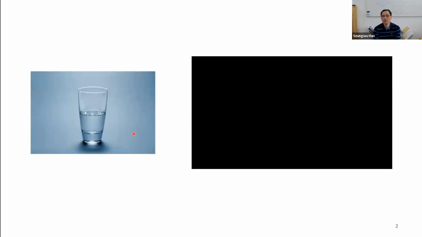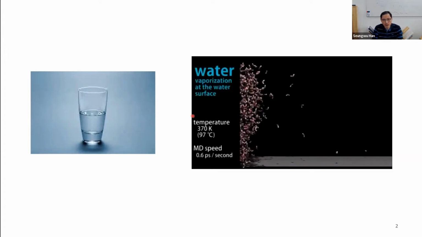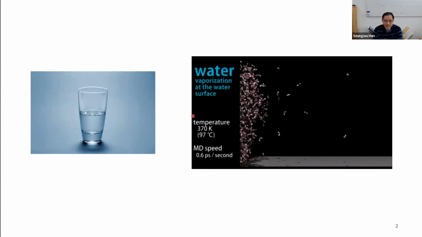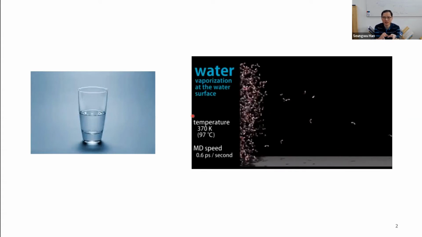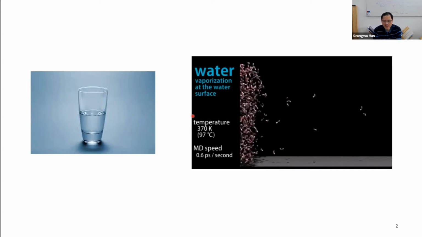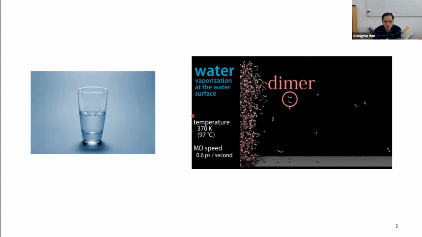Okay, let's begin with this simple picture. This is a cup of water, and it's quite silent. But if you zoom into the surface of the water, then you can find that the atoms are always moving around.